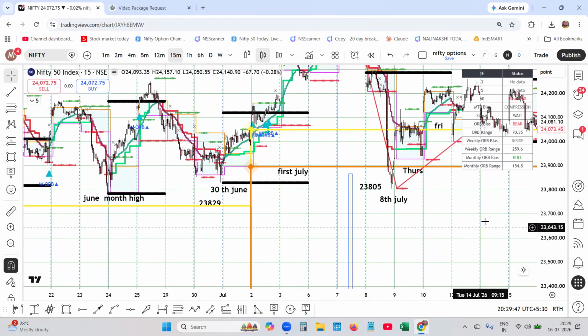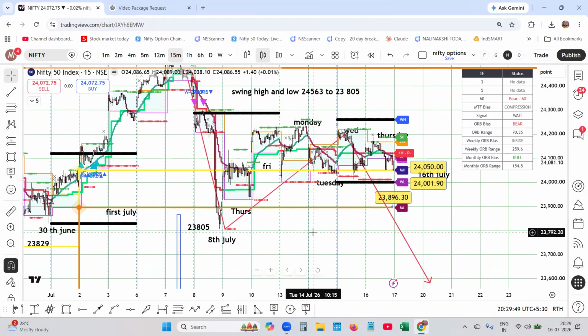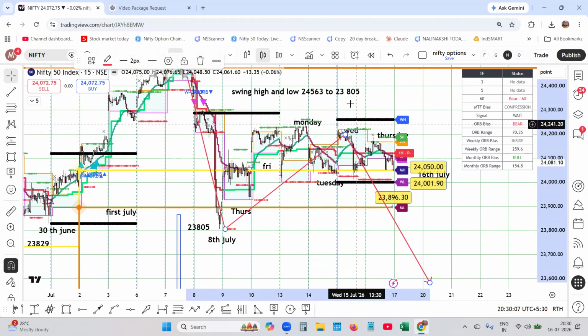Let us see how many days it has spent over here. 1, 2, 3, 4, 5, 6, 7 days. Exactly 7 days. So after 7 days, it was a breakout to the upside. We need to see after this 7th day, we may see the market break down too.